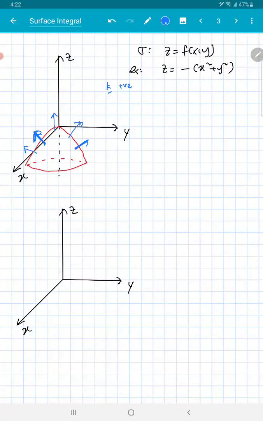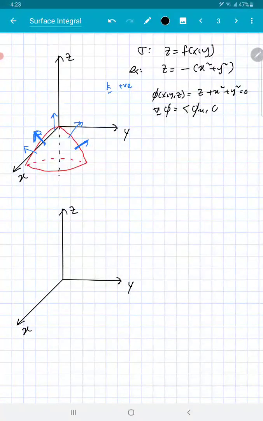So first we're going to rewrite this as our phi: z plus x squared plus y squared equals 0. The gradient of phi would be partial x, partial y, partial z, and this is going to be equal to 2x, 2y, and then 1.